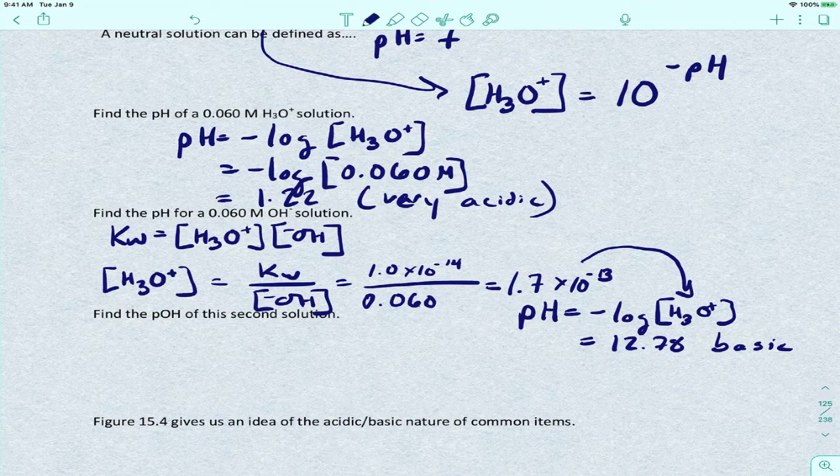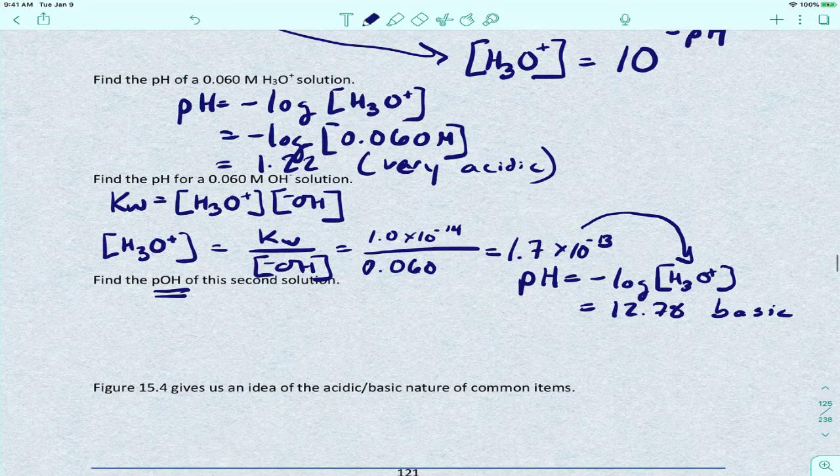Now, we could also find something called pOH. So not only do you have powers of hydrogen, you have powers of hydroxide as well. If you know the concentration of hydroxide ion and you take the negative log of that value, that's going to give you pOH.